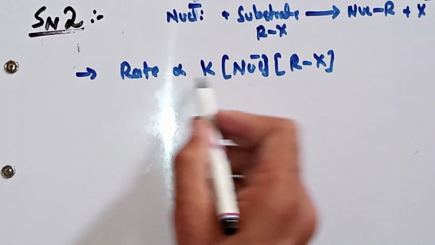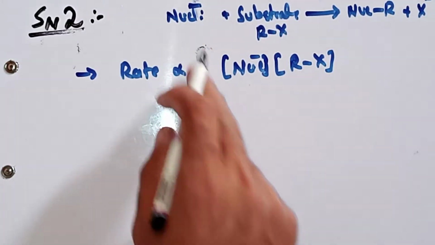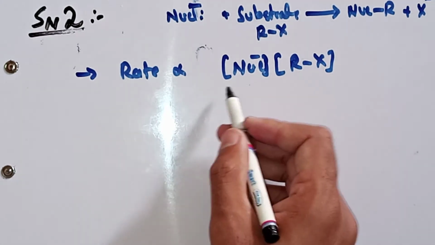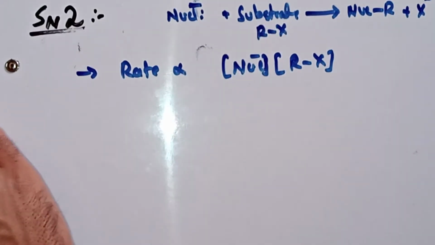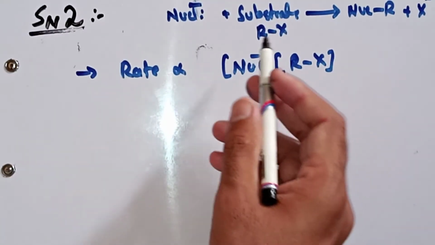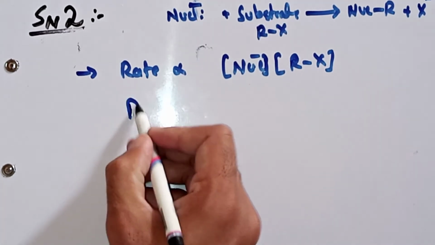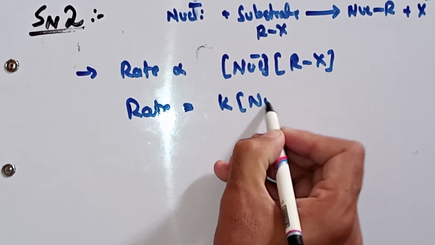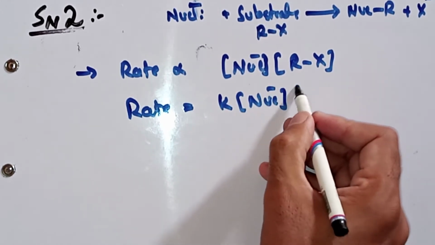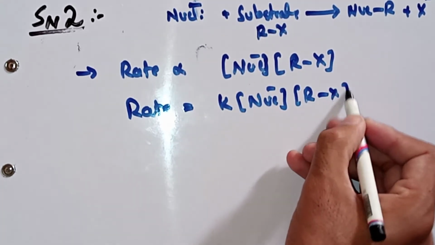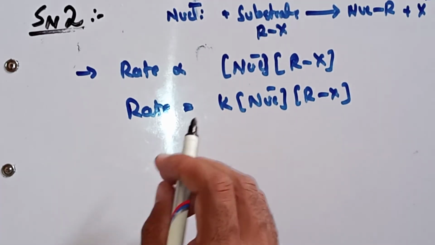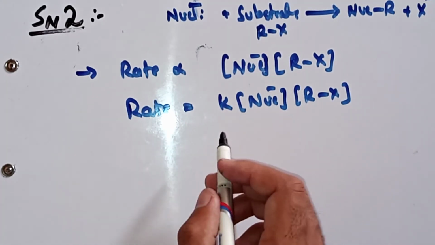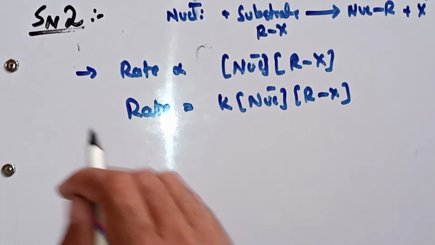That's why rate will be directly proportional to the product of these two reactants, the nucleophile and the substrate RX. So rate will be equal to k into nucleophile into RX. This will be the rate law for the SN2 reaction.